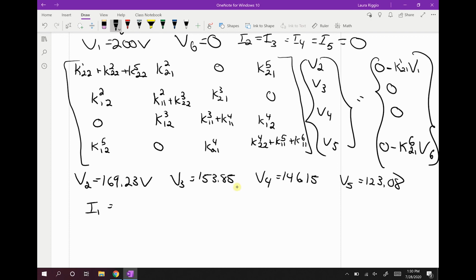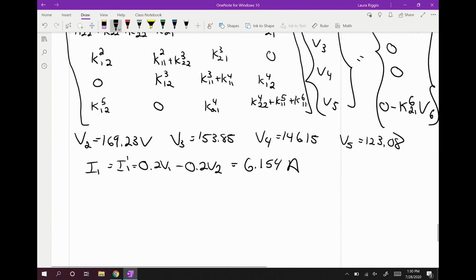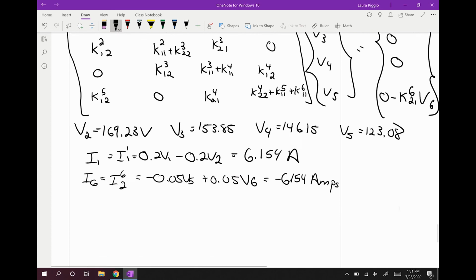So current I1 is equal to 0.2 V1 minus 0.2 V2, which is 6.154 amps, and I6 is minus 0.05 times V5 plus 0.05 times V6, which is minus 6.54 amps. We can also solve for the current in the elements.